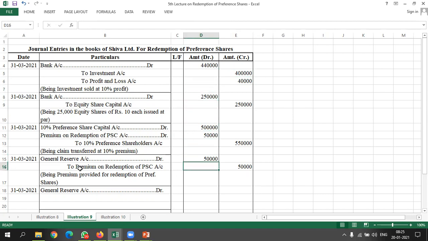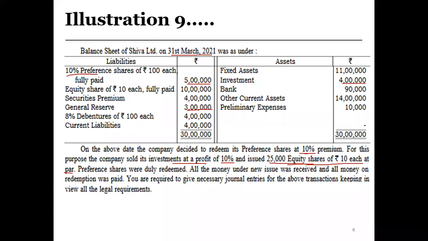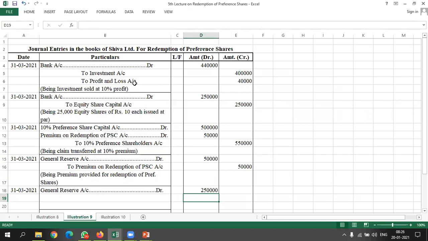First of all, let's see whether we have sufficient balance in general reserve or not. We have 3 lakh rupees. From 3 lakh rupees, 2,50,000 we have taken out as a premium. The balance is 2,50,000 and we require 2,50,000. But 2,50,000 से अगर कम होता, still we have a sufficient balance because we also have 40,000 in our profit and loss account. So you can utilize that also.